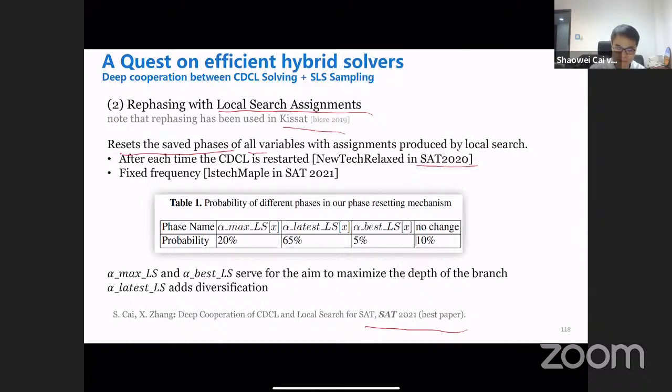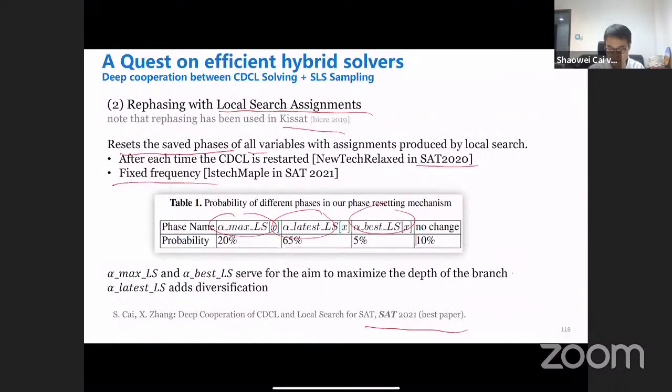But this year, in LS Tech Maple, the solver this year, this is done with a fixed frequency. All the assignments here come from local search, from alpha max, alpha best, trying to maximize the depth of the branch, as the initial assignment. LS means local search.